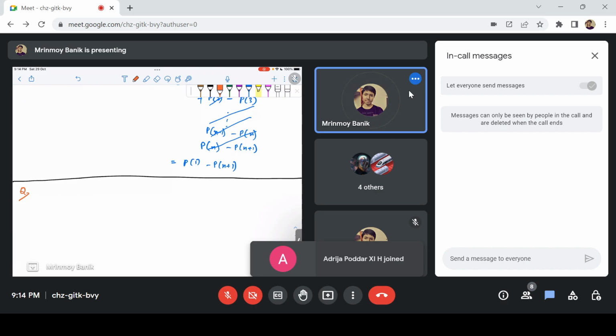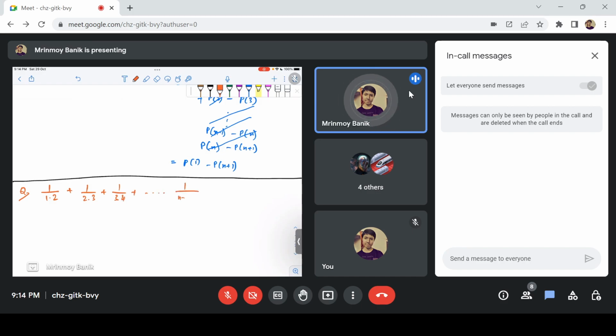The example we just saw is this example: 1 by 1 times 2 plus 1 by 2 times 3 plus 1 by 3 times 4, up to 1 by (n minus 1) times n. This is the first example.